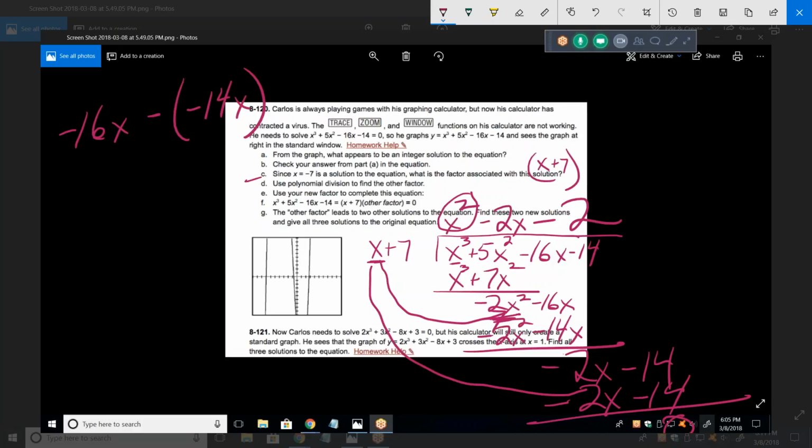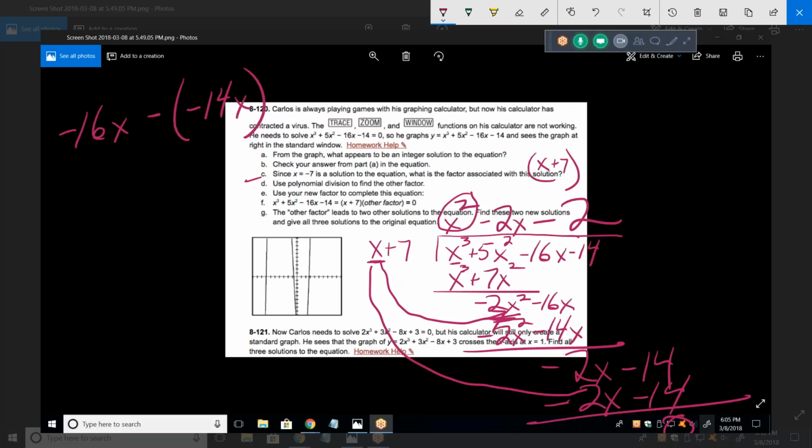And the fact that you get a 0 when you subtract those two confirms to you that x plus 7 is a factor of this cubic. If it was not a factor, you would not get a 0. You would have some remainder that was not 0. That, in fact, is a theorem all on its own. You've maybe had it.